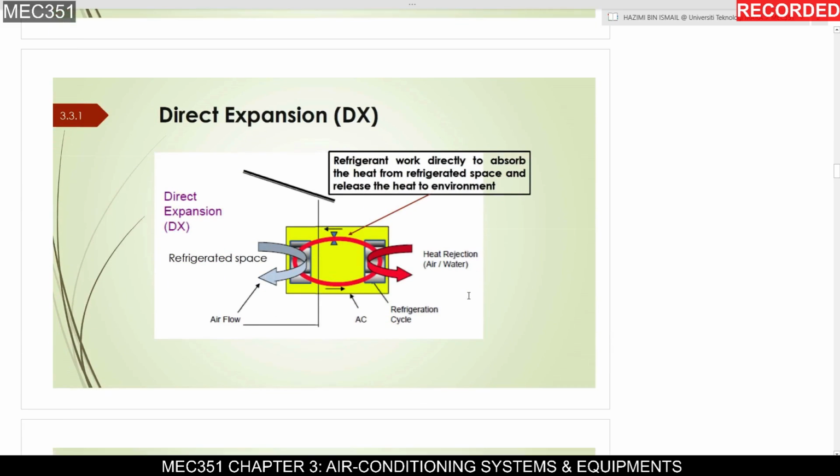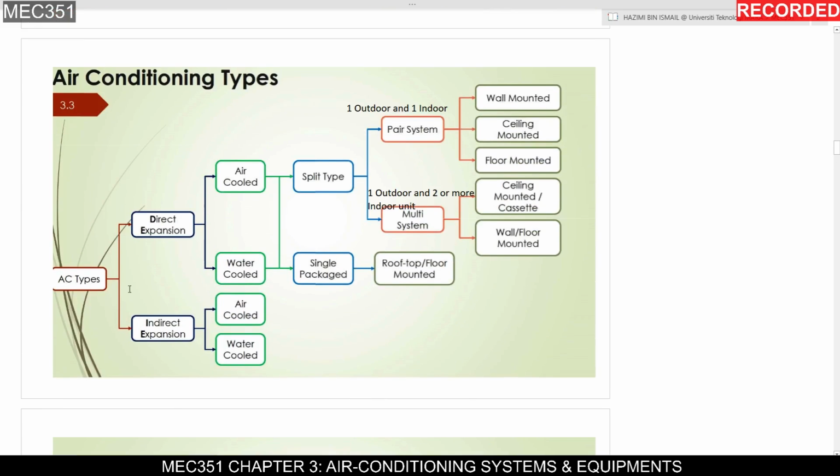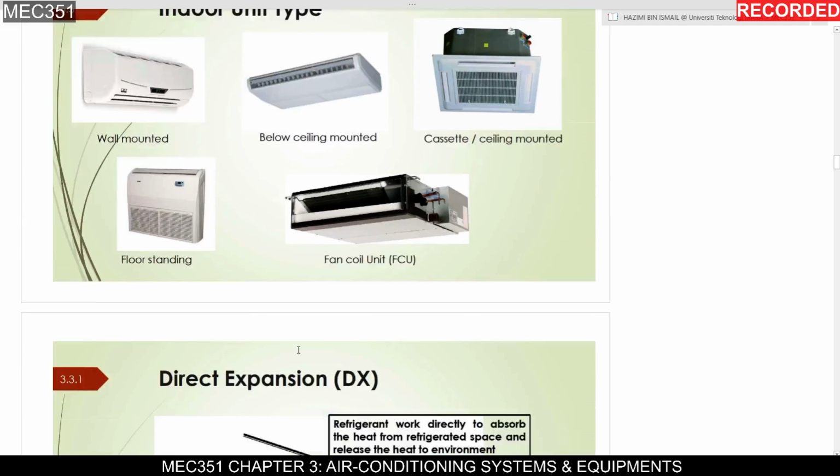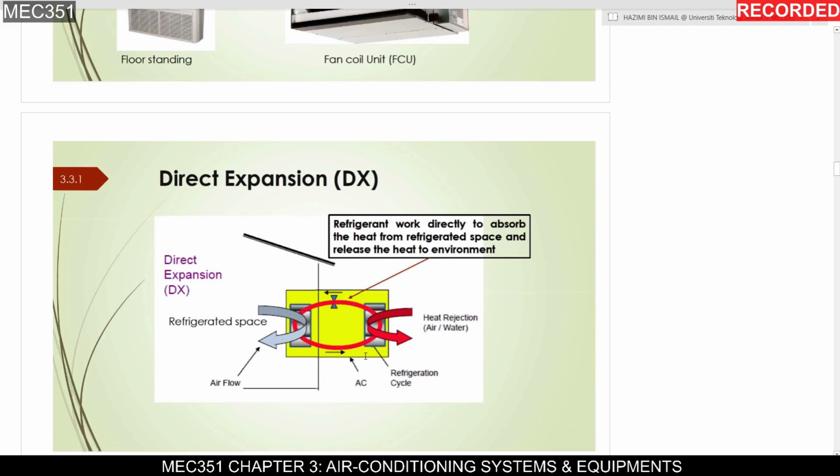Okay, so we go back to the types of the aircon system. Here we have the direct expansion and also indirect expansion. Okay, apa beza? What is the difference between the direct and indirect? Okay, kalau direct, we directly remove heat from the refrigerated space here using our refrigerant here. Okay, yes, we have learned in chapter 1, we have 4 basic components in refrigeration, and that 4 basics also is the basic components for the air conditioning system.